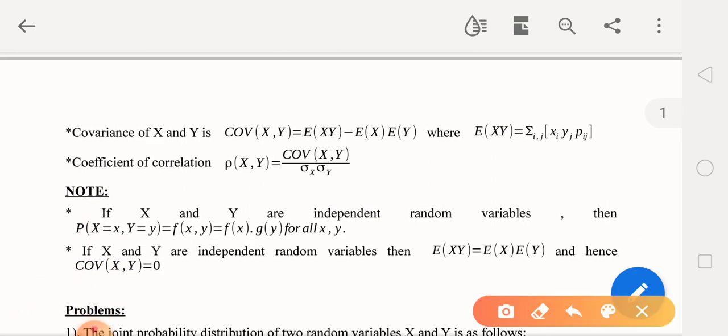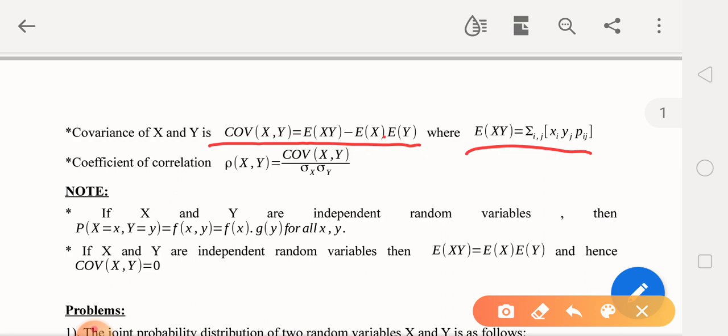Now covariance of x and y, covariance of x comma y, equal to expectation of xy minus expectation of x into expectation of y, where expectation of xy is given by summation xi yj pij.